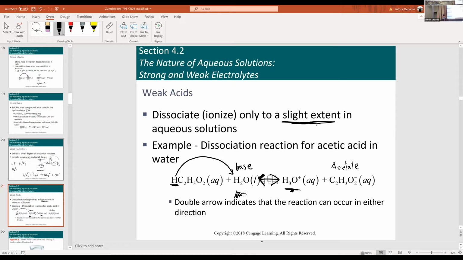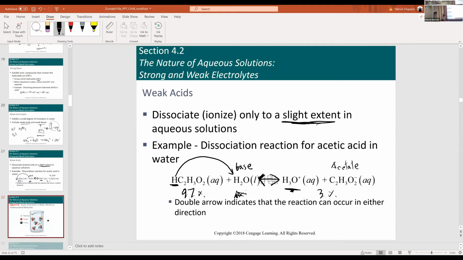What that means is at the end of the day, after all the reaction is done, there is an equal number of acetic acid molecules becoming acetate ions and vice versa. It's actually going back and forth at the same time, but it reaches an equilibrium level. So there will be probably 97% on the left side, only 3% on the right side. But this is the level that it likes to be at because of the nature of acetic acid being a weak acid.